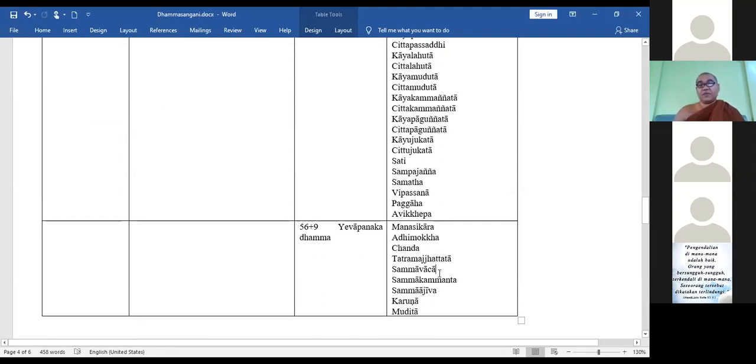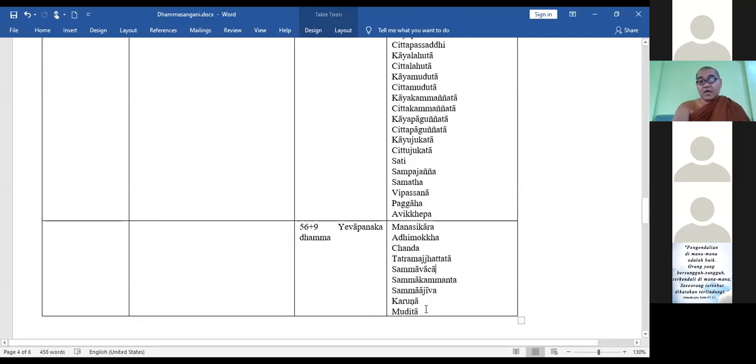Only when you refrain from telling a lie or abusive speech and so on, then there will be Samawaja. So Samakamanda also, only when you refrain from bad bodily action, like killing and stealing, then there will arise the Samakamanda. Then Sama Ajiva also, only when you make a livelihood refraining from wrong livelihood, then there will be Sama Ajiva.